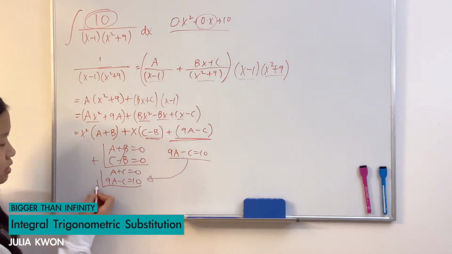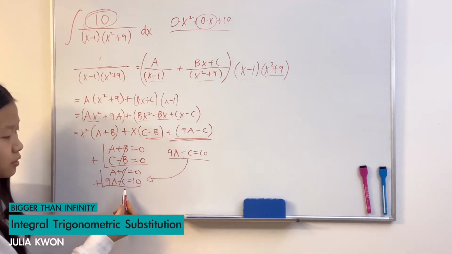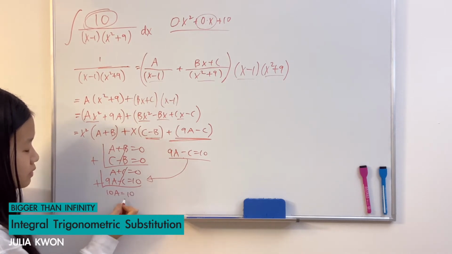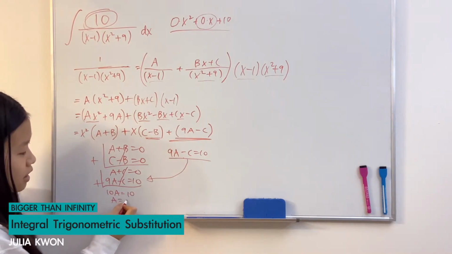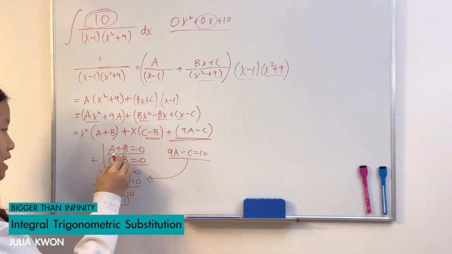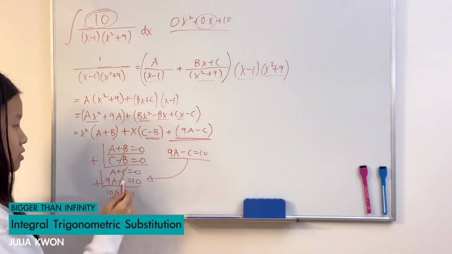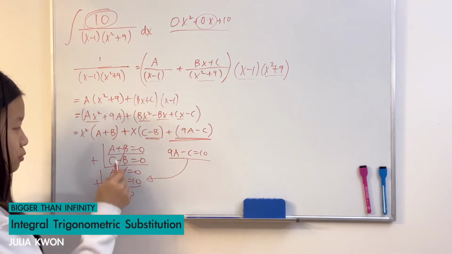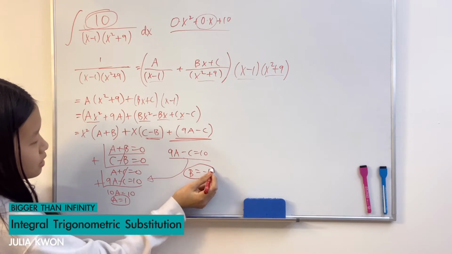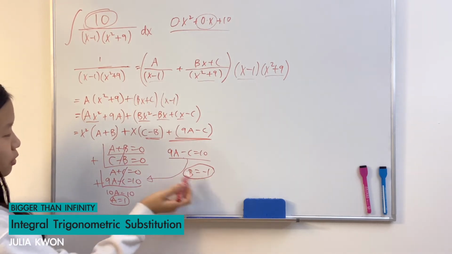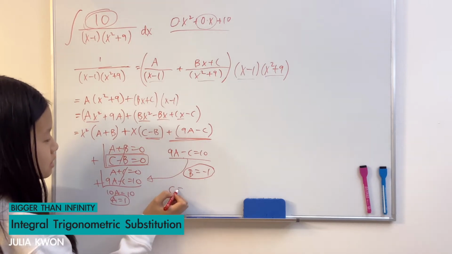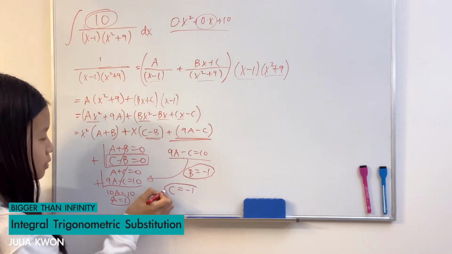The C and the negative C will cancel out, and we'll have 10 times A is equal to 10. Solve for A, and you have A is equal to 1. We had A + B is equal to 0, so if we put in A is equal to 1 here, we'll have B is equal to negative 1, and put negative 1 into this equation, and you'll have C is equal to negative 1 as well.